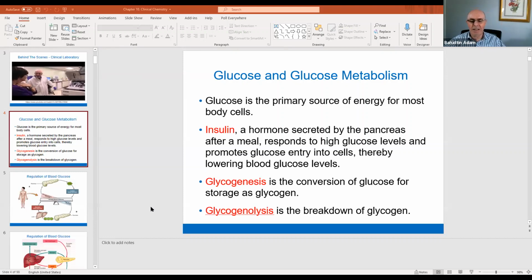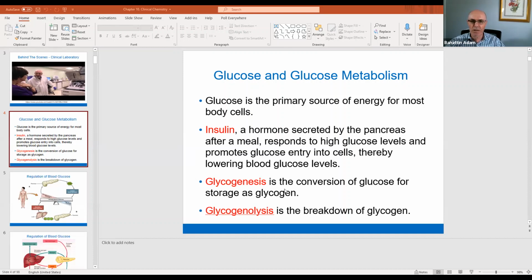Okay. In clinical chemistry, we are doing a lot of tests, and you may be familiar with some of them. Now I am going to start with the most common test that we do in clinical chemistry, which is glucose.